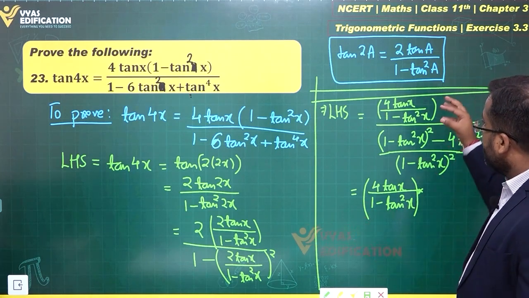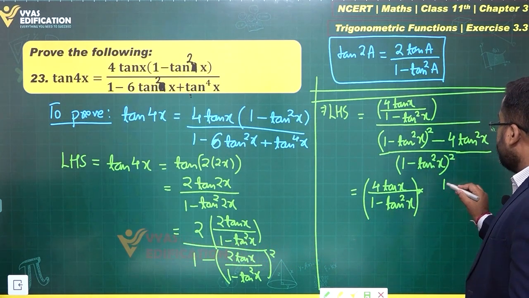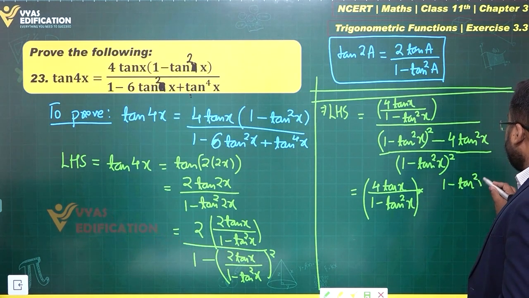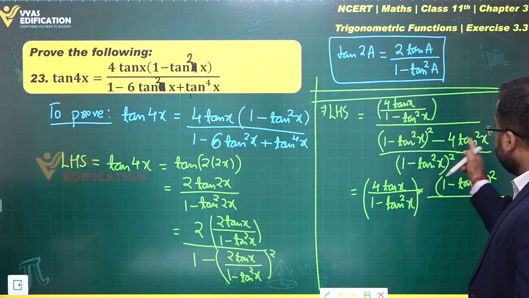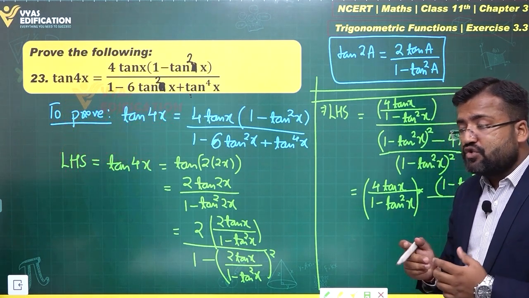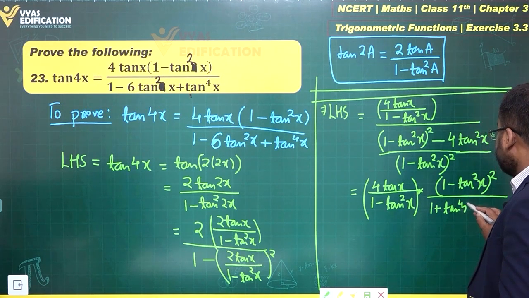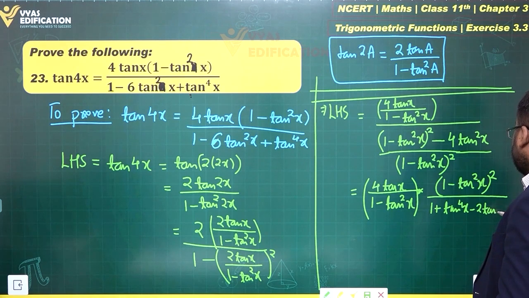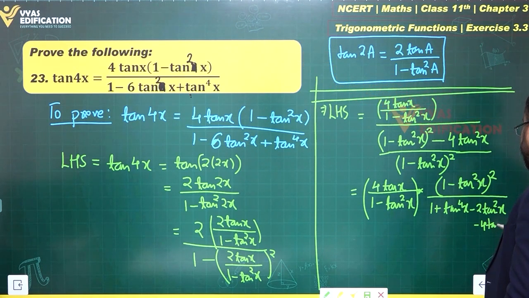The denominator's denominator comes in the numerator, 1 minus tan square x whole square. And in the denominator, you have this expression. Let's expand the 1 minus tan square x whole square. What you get is 1 plus tan power 4x minus 2 tan square x. And there's a minus 4 tan square x already waiting over here.